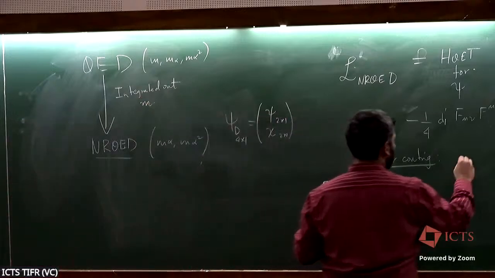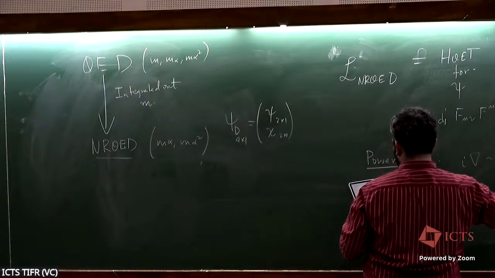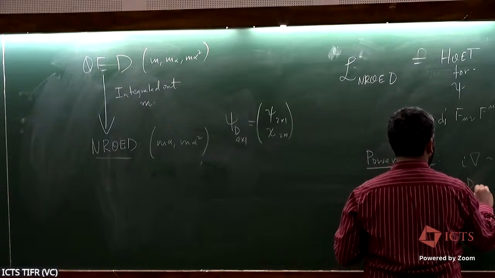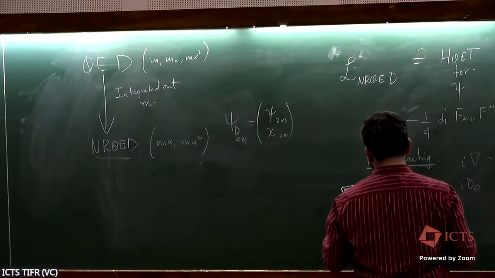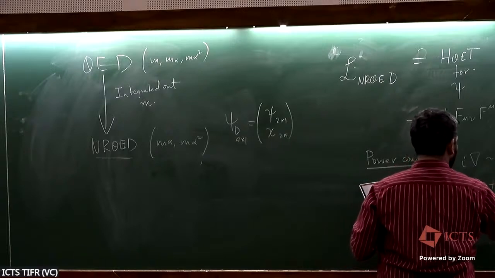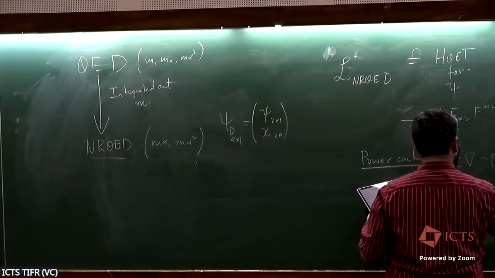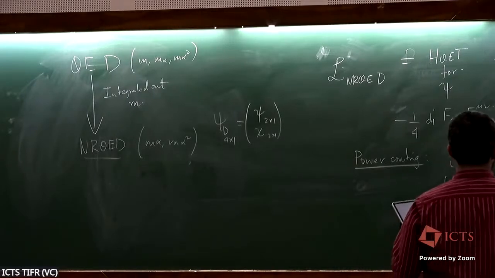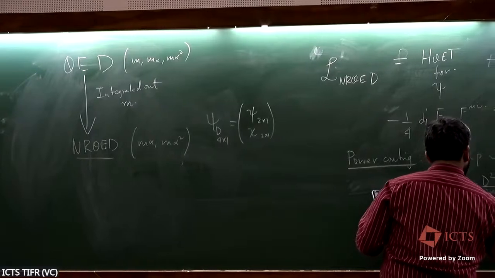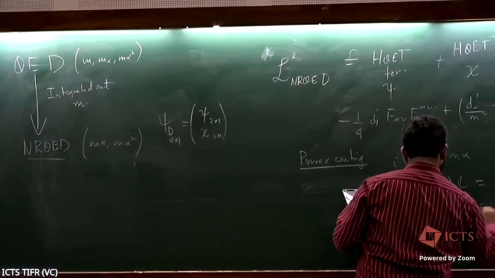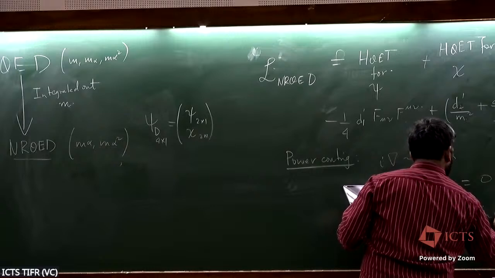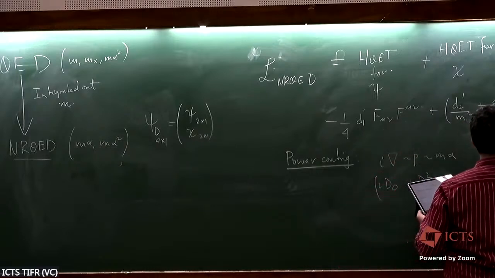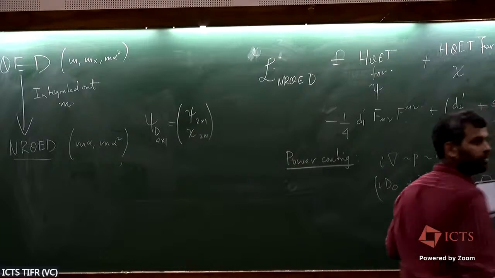Power counting is that del is P, which is M alpha. If you use the equation of motion, psi 0 is M alpha square. And this means that EA0 is M alpha square. Everybody understand?